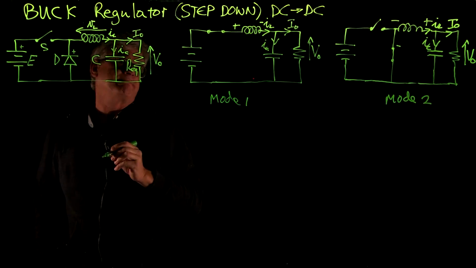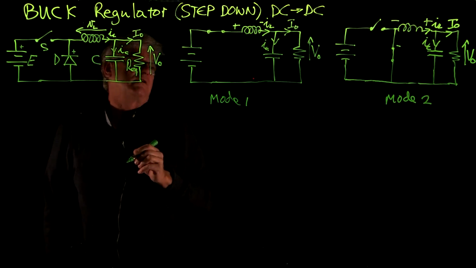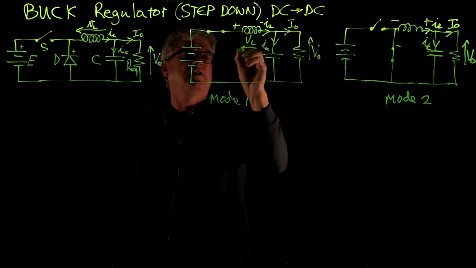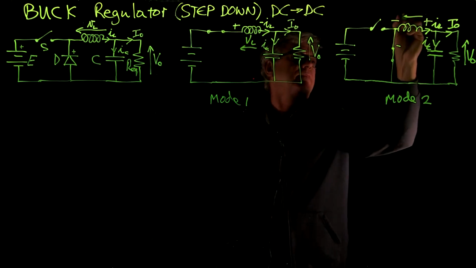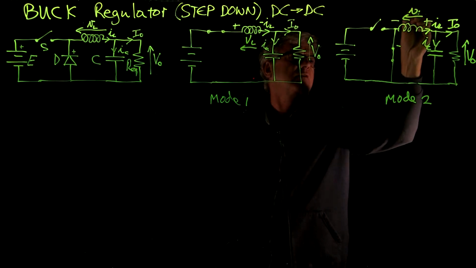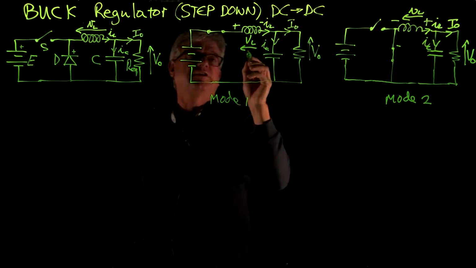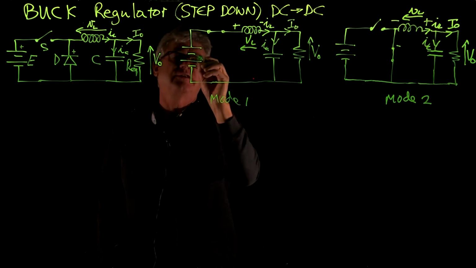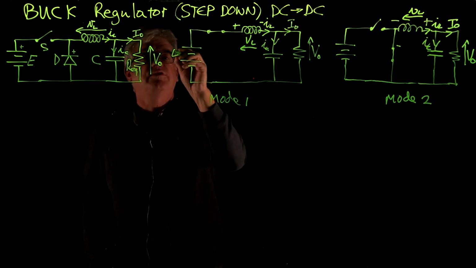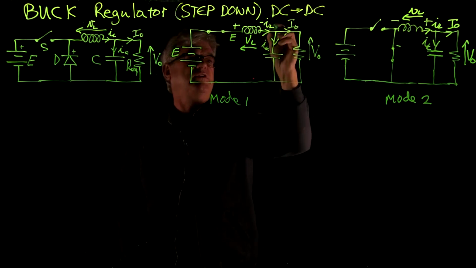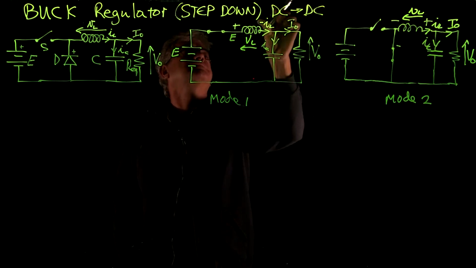Now the voltage over the inductor, VL, is the difference, in this case in mode 1, between the voltage E, which is placed there, and the voltage V out, which is there.